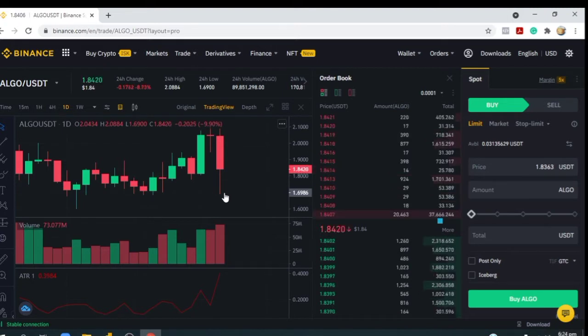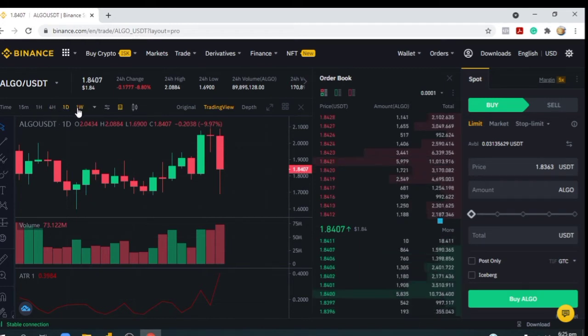So what is a candlestick chart? The candlestick chart is a graphical representation of the price of an asset over a defined period of time. What I mean by this is that every candlestick you see here represents a particular time frame. In this particular example, this candlestick represents 1 day of activity of ALGO USDT.